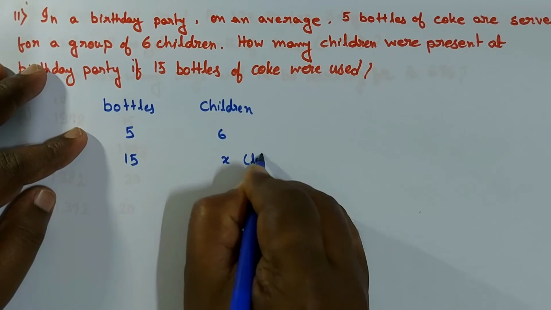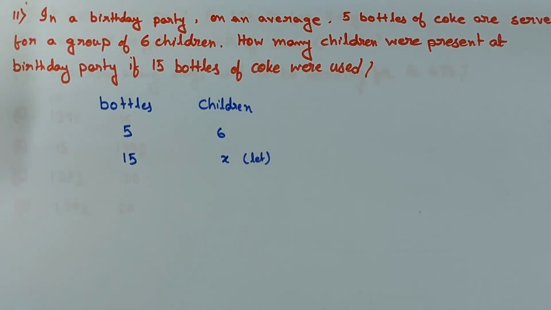Okay, so here the relation between bottles and children is direct. That means bottles and children are directly proportional. Why? Because if the number of children increases, they consume more and more bottles of Coke. If the number of children decreases, the consumption of bottles decreases.